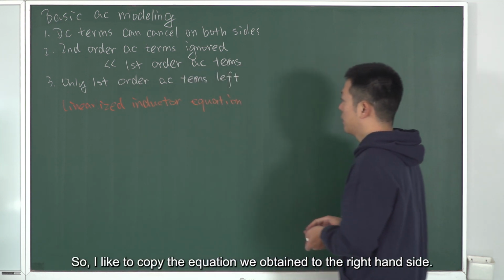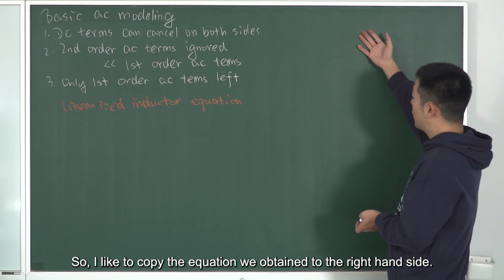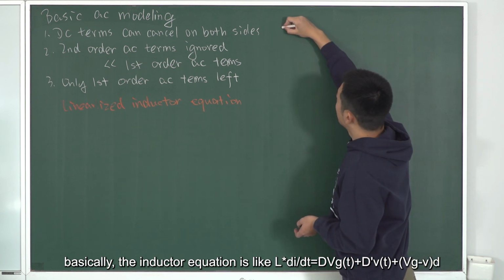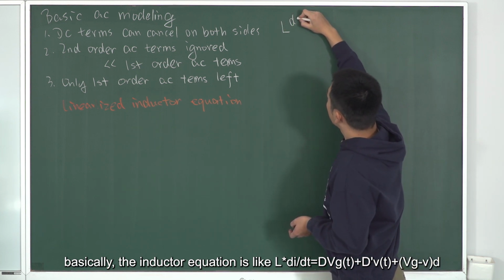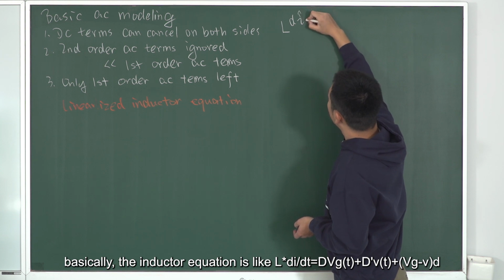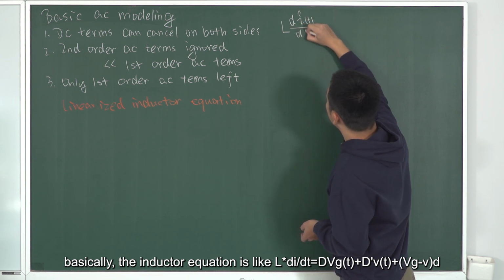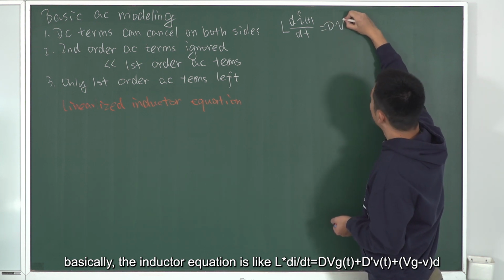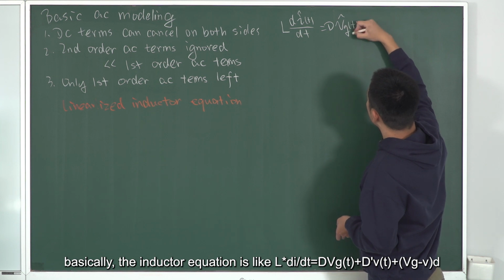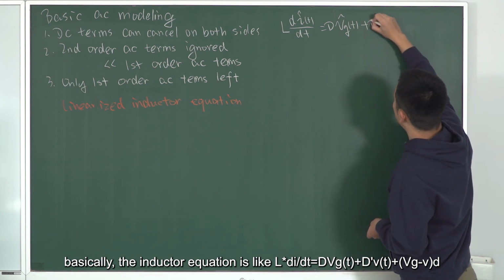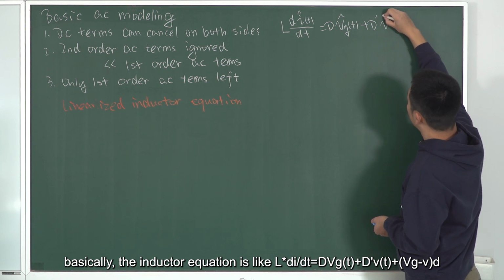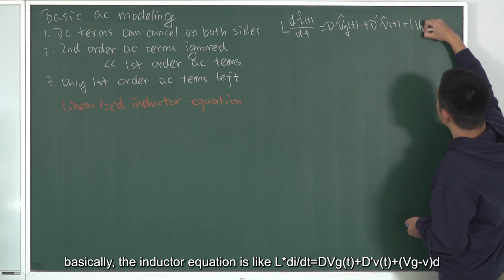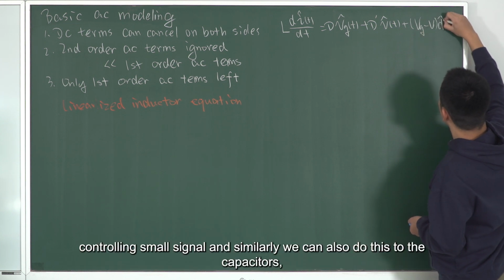So I'd like to copy the equation we obtained to the right-hand side. Basically, the inductor equation is L d I cap over dt. So this quantity equals d times input voltage cap plus d prime times output voltage small signal plus Vg minus V times controlling small signal.